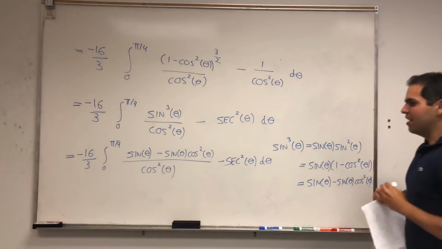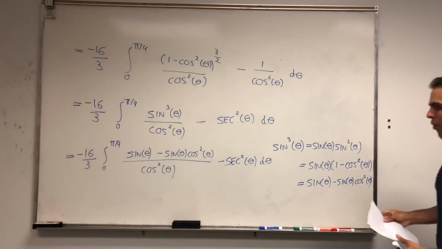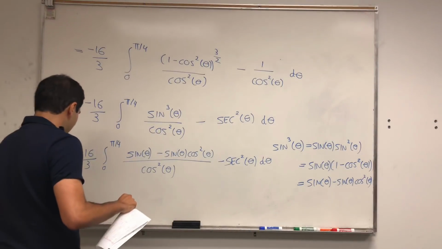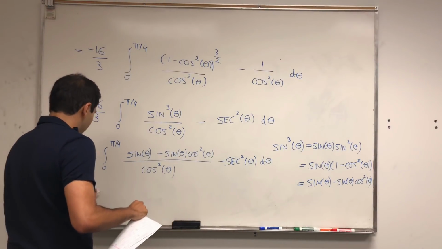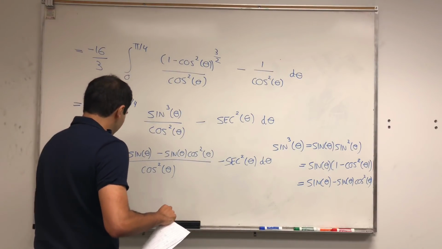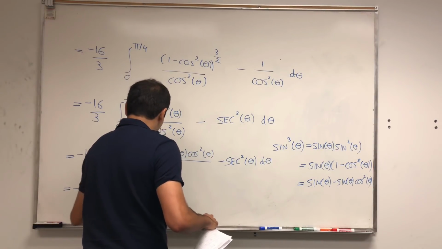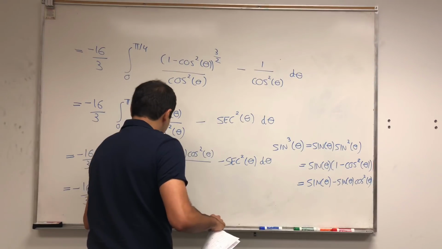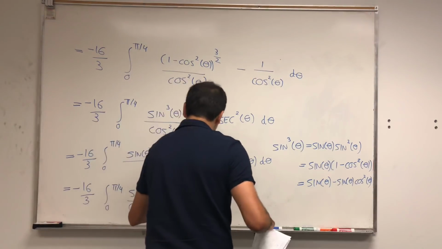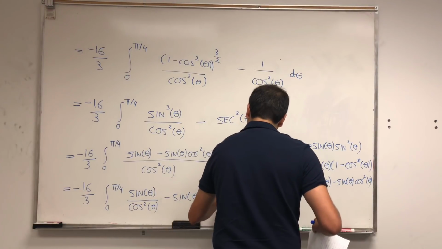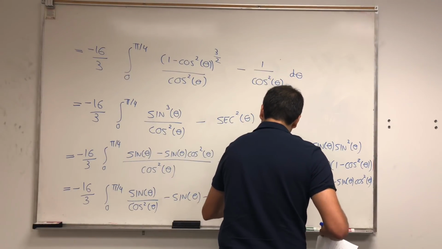Okay. And again, this looks horrible, but we can simplify this. So, this is minus 16/3 integral from 0 to pi over 4 of sine theta over cosine squared theta minus sine theta, and again minus secant squared theta d theta.